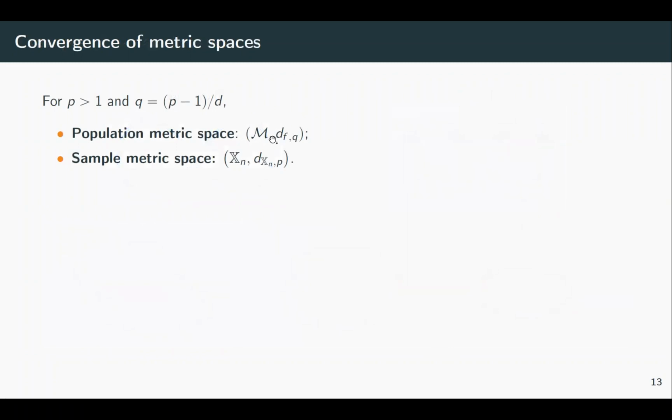From a theoretical point of view, what you have is your original manifold and this deformed Riemannian metric. But in real life, you have data and you have this distance that you can compute from the sample. You have in both cases some parameter, and if you want to obtain some convergence of these distances, the relationship between the parameters is this: Q equal to (P minus 1) over D, where D is the dimension of the manifold.